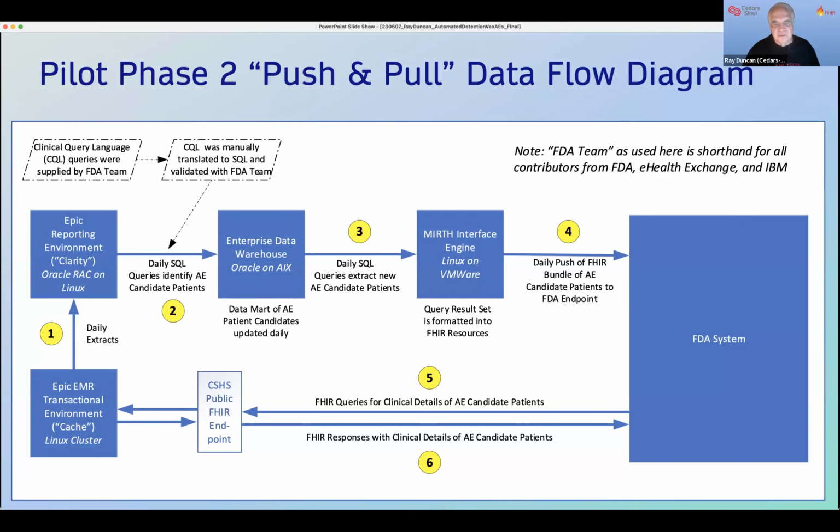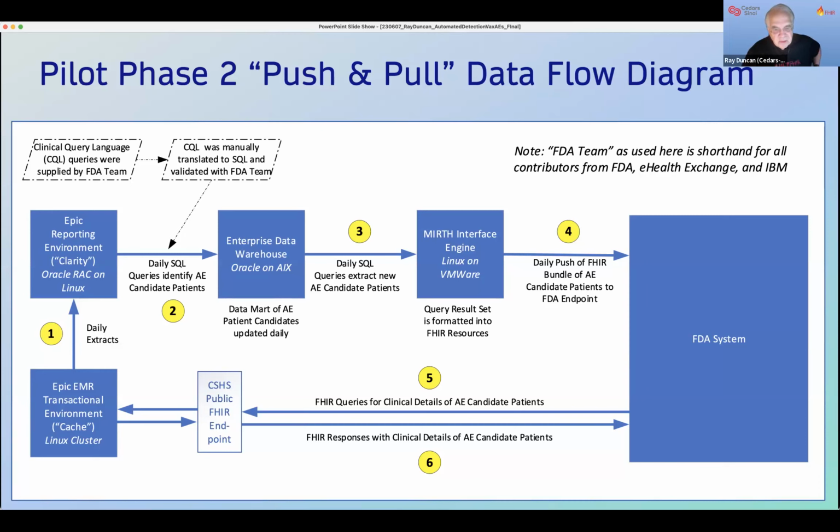Then the Mirth interface engine picks those up, formats them as FHIR patient resources, puts them in a bundle and pushes those to the FDA endpoint via the eHealth Exchange.